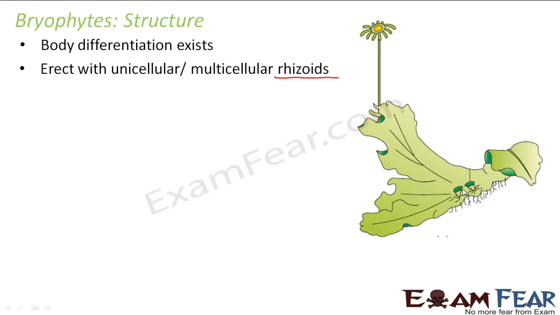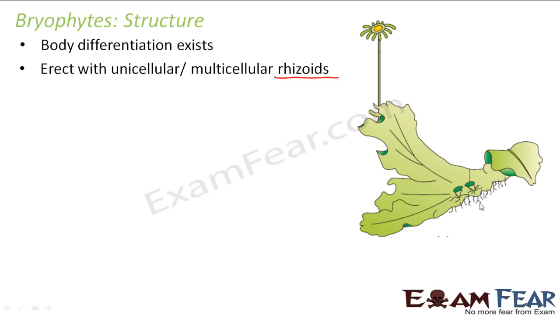So what is the purpose of the rhizoids? It helps the plant get anchored to the substratum. That is, it helps the plant to hold to the substratum. So it supports the plant, and it also helps in absorbing nourishment, because it is through the rhizoids that the nutrients and minerals will enter into the plant. Even though there are no specialized vascular tissues, rhizoids help in getting the minerals and water from the soil.